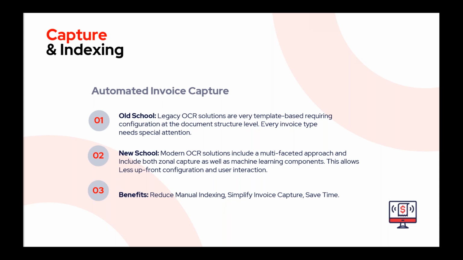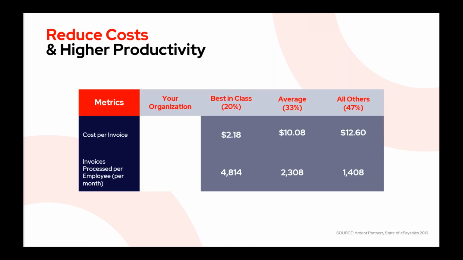But before we look specifically at that, I do just want to point out another study here, and this was looking at companies that are currently using some sort of electronic payable technology. So companies that are already going through some level of invoice processing automation. And you can see here that even the average company that is already trying to do their due diligence is spending over $10 per invoice just to take it from the point of capture all the way to paying it.